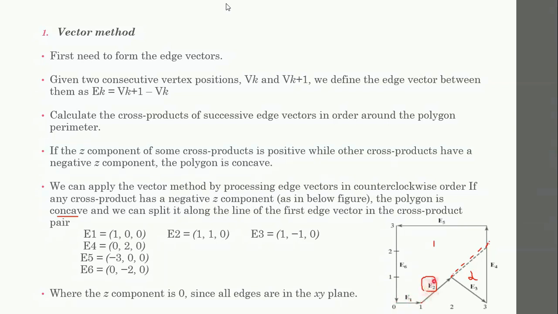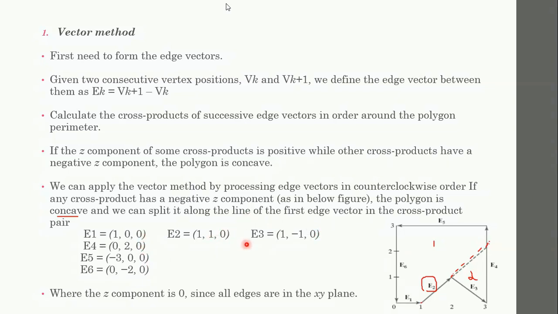Let us represent E2. For writing E2, you are moving from position 1. How many units will you move? In the x direction you move 1 unit, and in the y direction you move 1 unit. So you write 1, 1, 0. Z is 0 because it's a polygon, so the z component will be all 0.